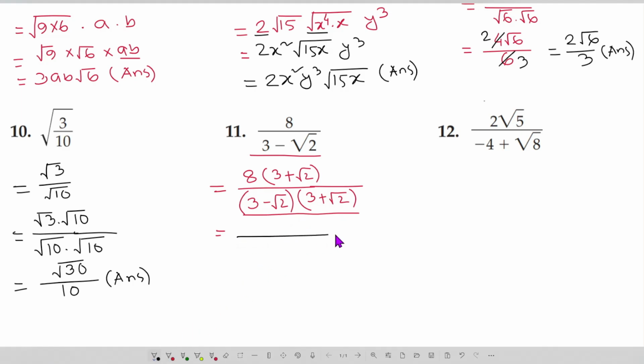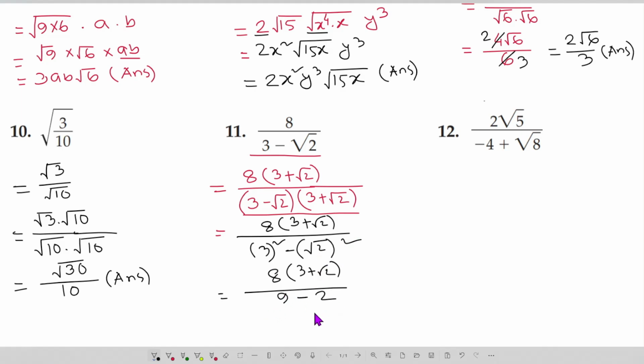So we can write 8 times 3 plus root 2, and this one is 3 square minus root 2 square. Here is 8 times 3 plus root 2, and 3 square means 9, and root 2 square means 2. So our answer will be 8 times 3 plus root 2 divided by 9 minus 2, which is 7. This is our answer.